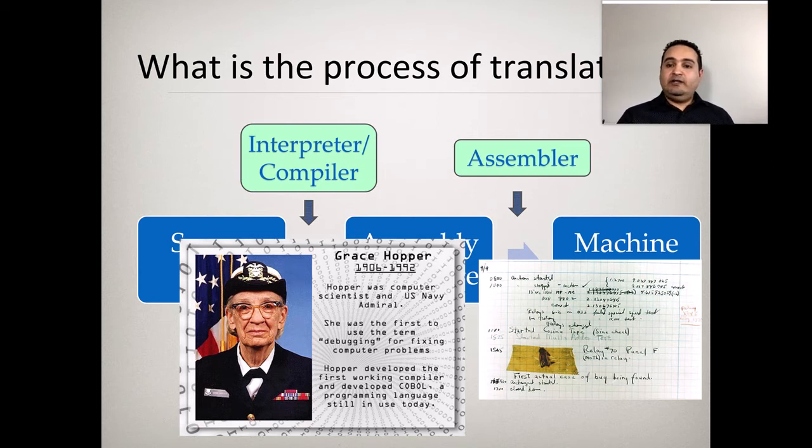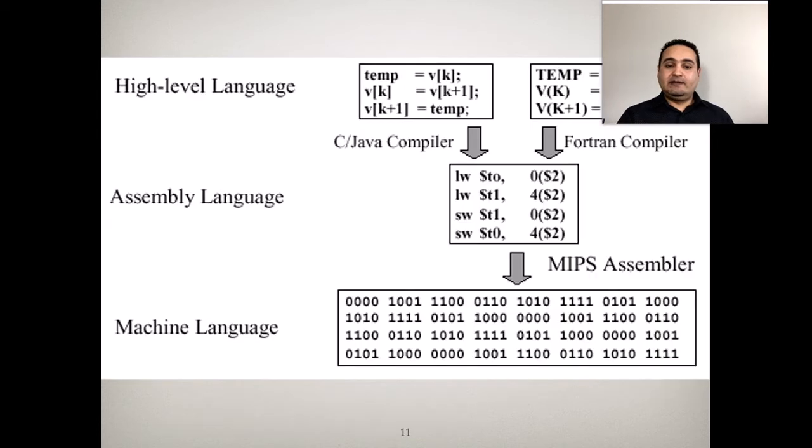When they went inside that computer, which was almost the size of this room, to see why it stopped working, it turned out they found a real bug, like a cockroach, inside it. Since then they have been calling an error a bug, and fixing that bug they call debugging.